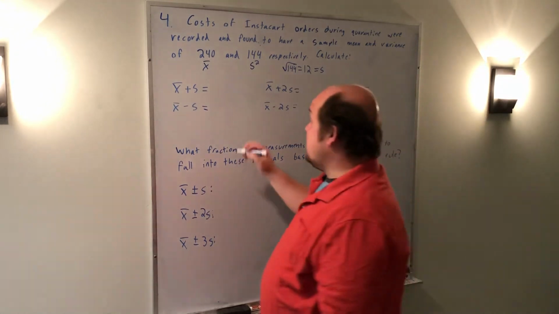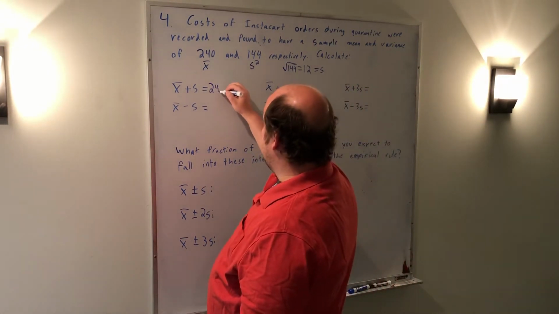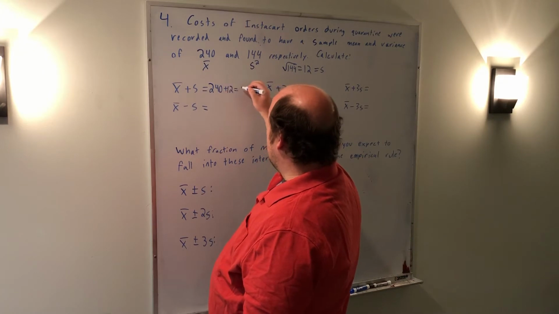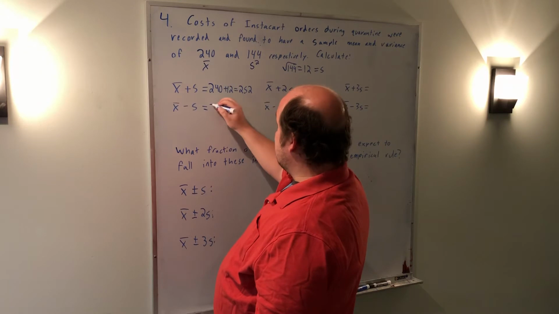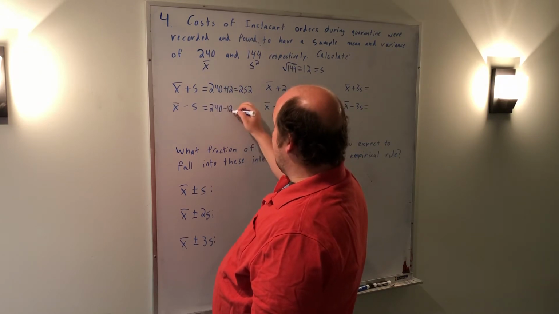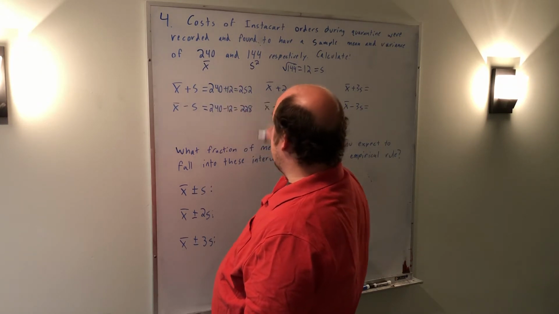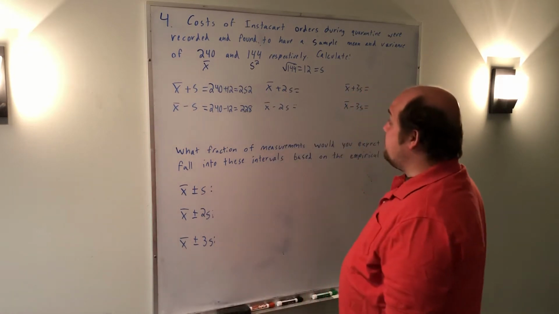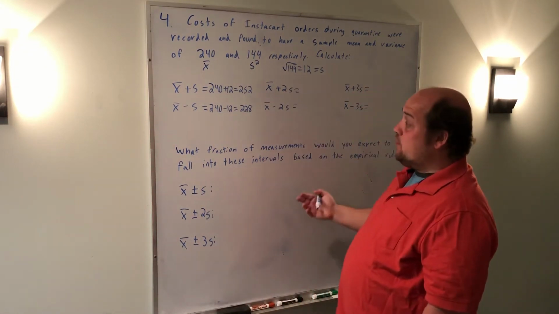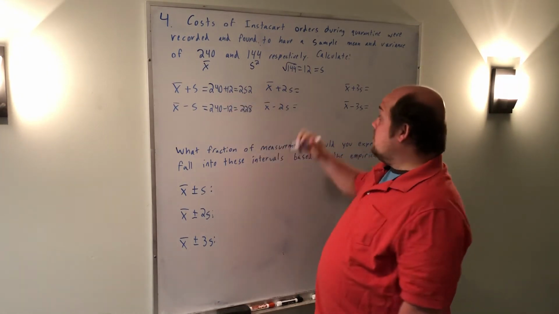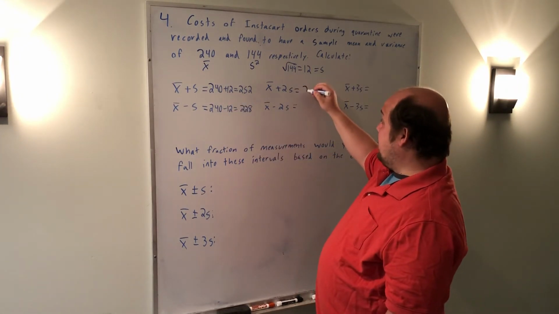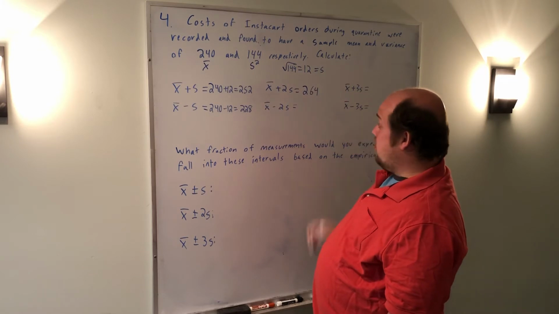That means that X bar plus S becomes 240 plus 12, which gives me 252. X bar minus S is 240 minus 12, which gives me 228. When I go to do X bar plus 2S, what that's really telling me to do is 240 plus 2 times 12. So that ends up giving me 264.